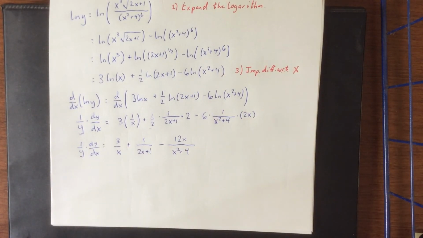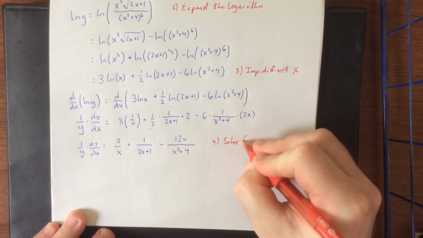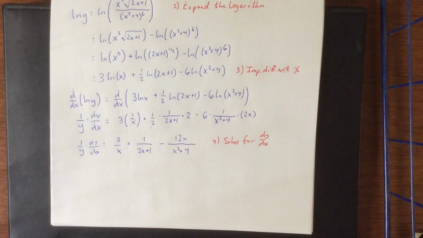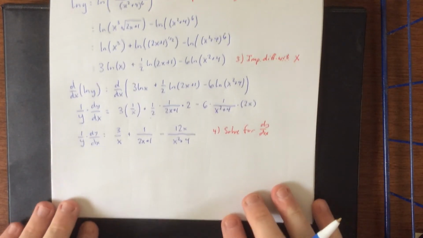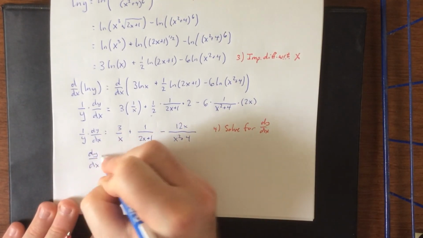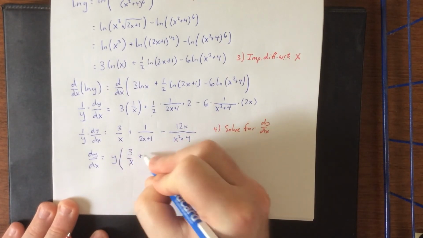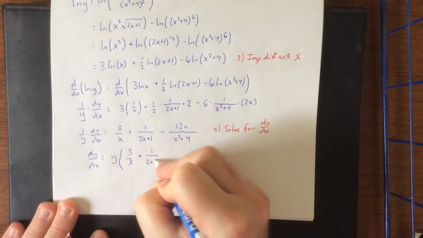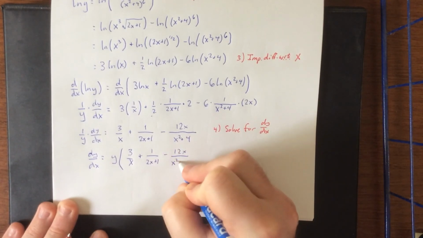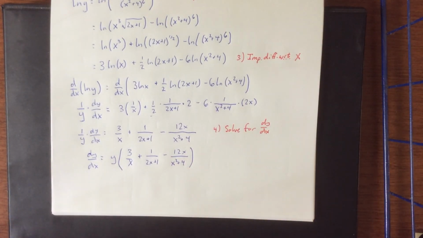Then, as is typical with implicit differentiation, we're going to solve for dy over dx. That step, the only thing that we'll need to do is multiply both sides by y. So y times the expression that we had just come up with. That was 3 over x plus 1 over 2x plus 1 minus 12x over x squared plus 4.